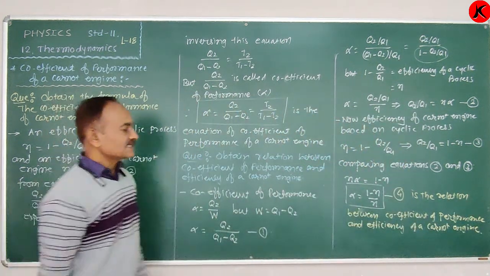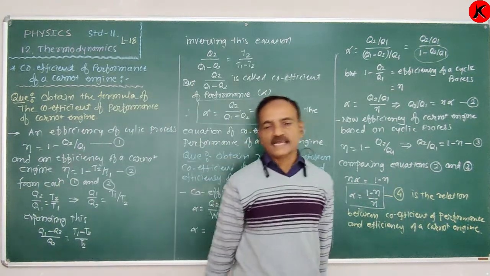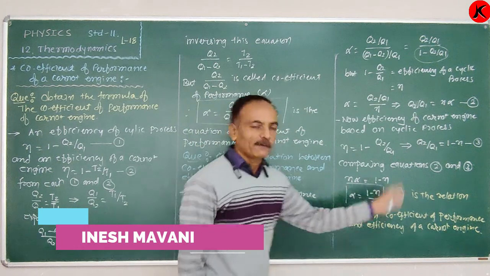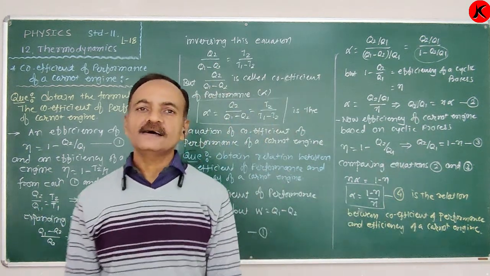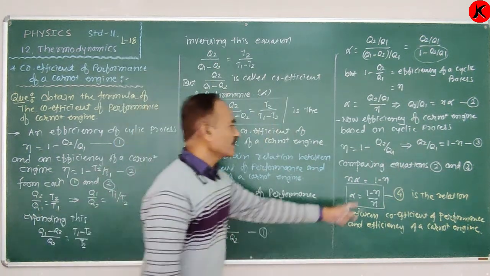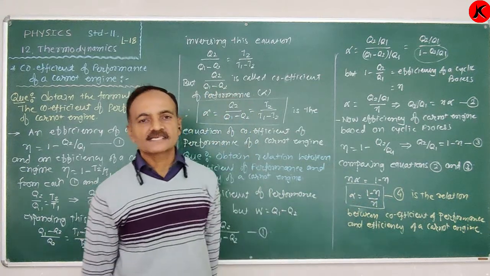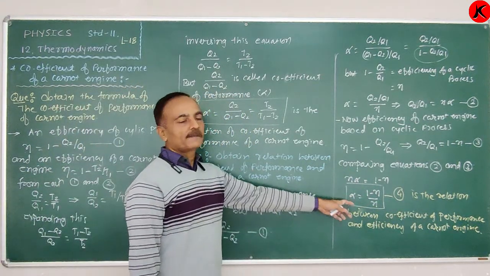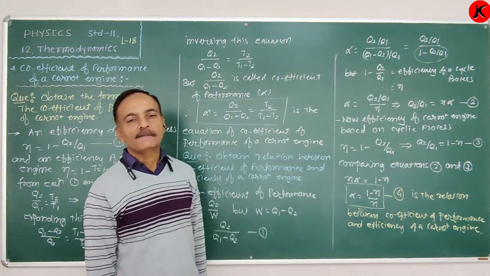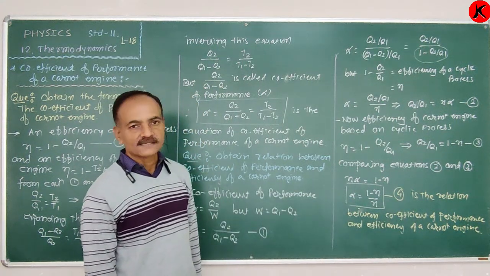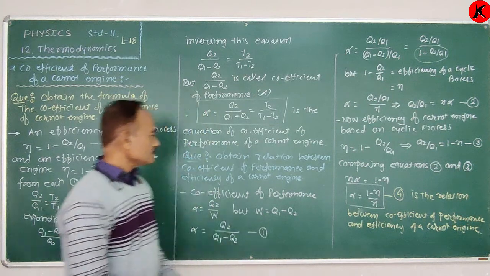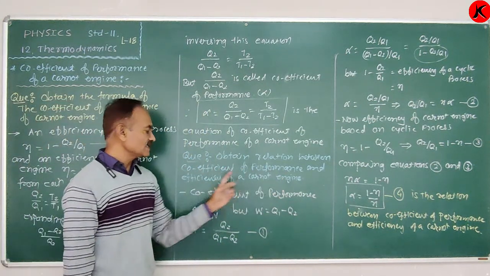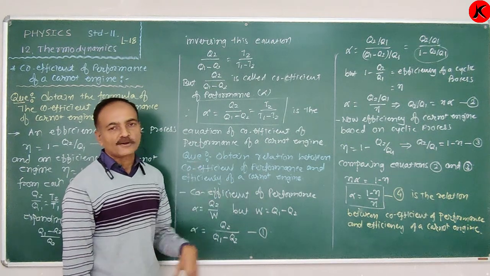That means alpha is equal to 1 minus N upon N. The left-hand side is the coefficient of performance, while the right-hand side is the efficiency of a Carnot engine. So this equation shows the relation between alpha and N, that is, between the coefficient of performance and the efficiency of a Carnot engine.